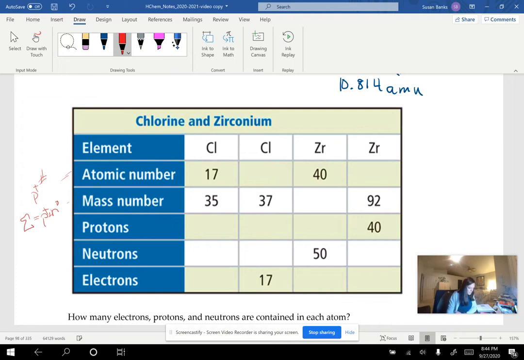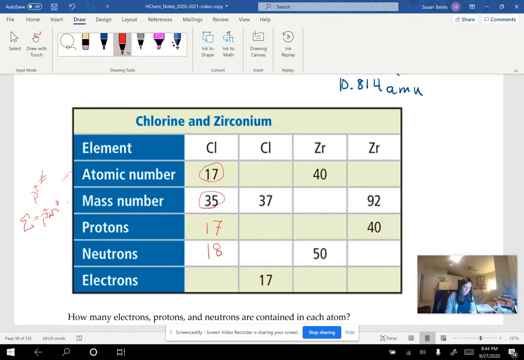So protons plus neutrons is the mass number. So if I want to find the neutrons, can't I take the mass number and subtract the atomic number, which is also the proton number of 17? So 35 minus 17 will give me 18 neutrons.